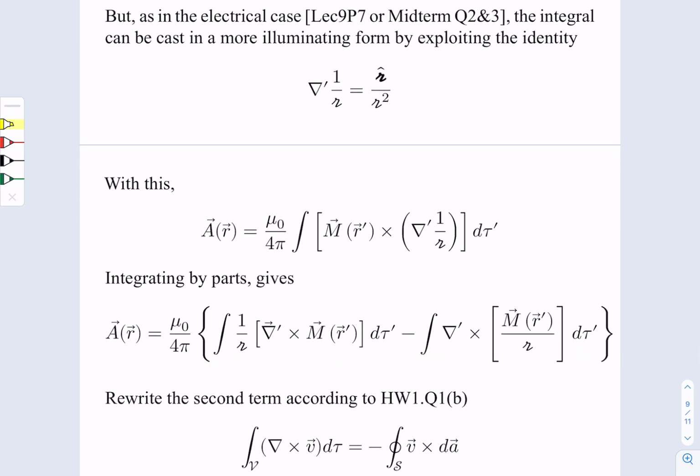You can look up the formula on the front page of Griffiths.